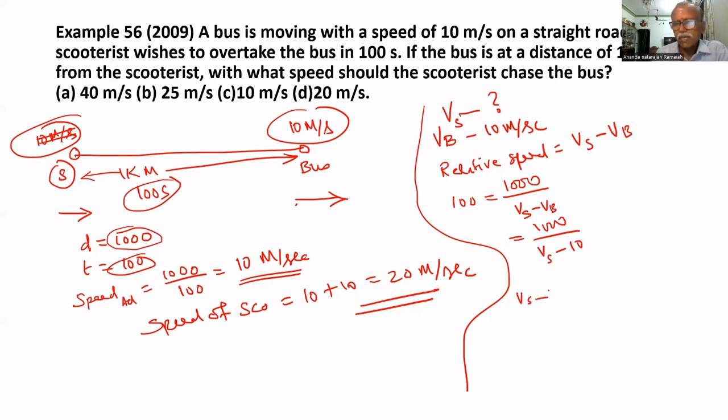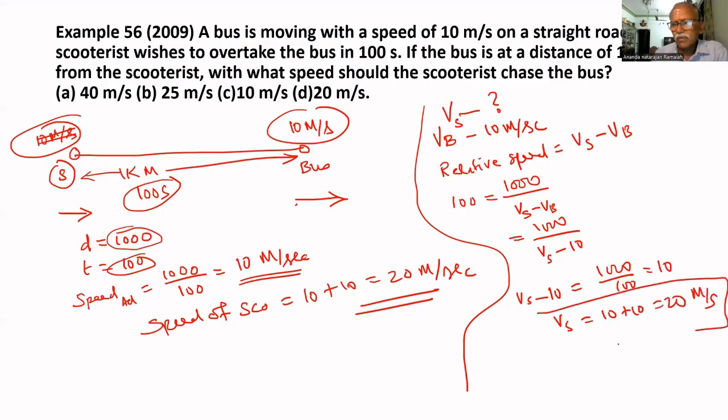Therefore, Vs minus 10 equals 1000 divided by 100, that is equal to 10. Therefore, Vs equals 10 plus 10 equals 20 meter per second. If you are able to understand this, you can follow this relative speed. But sometimes it may get confusing. But I think the first method is easier to understand.